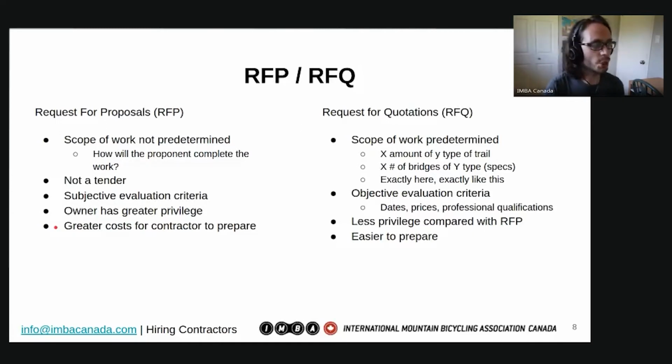So this is the trade-off for the flexibility, is the higher costs, because a good contractor will be working to roll those costs of developing the proposal into the cost of the final project. So you will tend to get higher costs overall from the request for proposals.